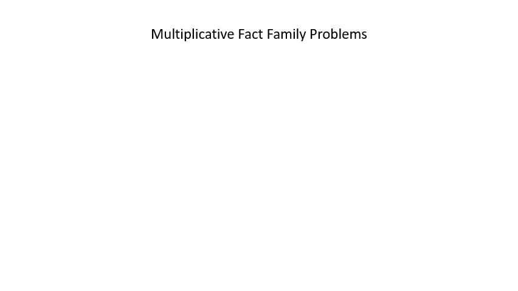So we can connect this back to multiplication the same way we did with subtraction and addition, and create what some people like to call fact family problems. As an example, we could start off with the multiplication problem 3 times 6 equals 18.